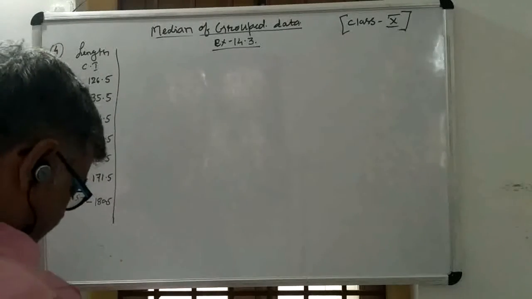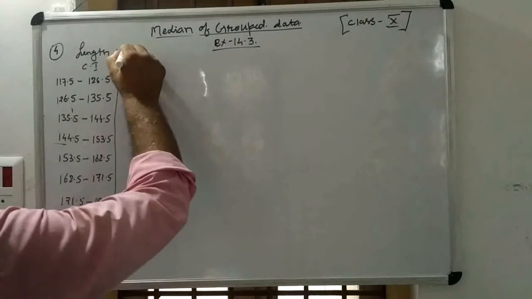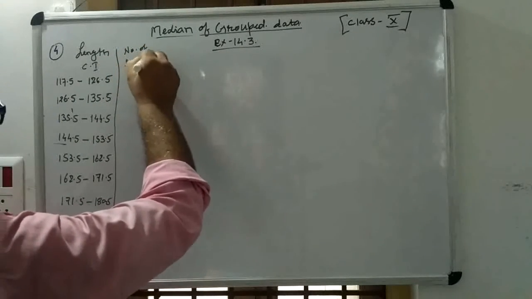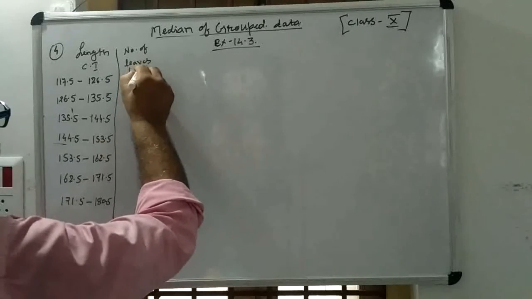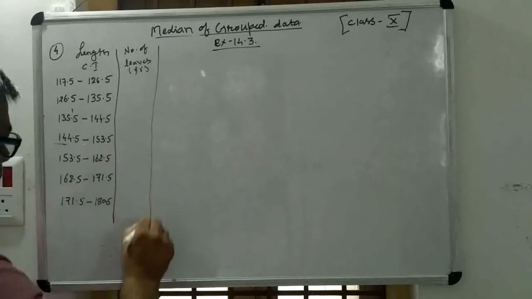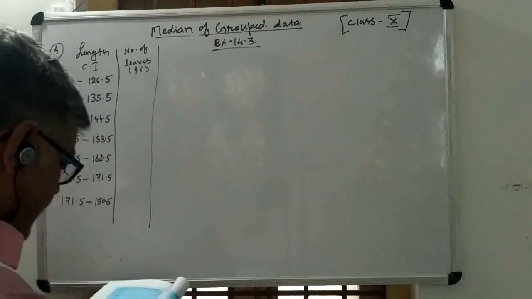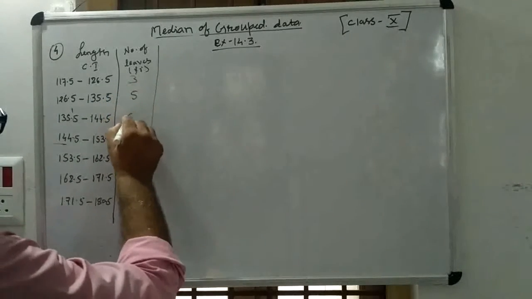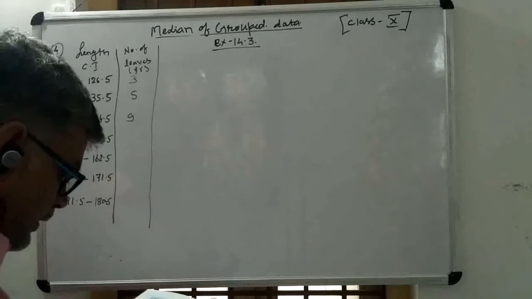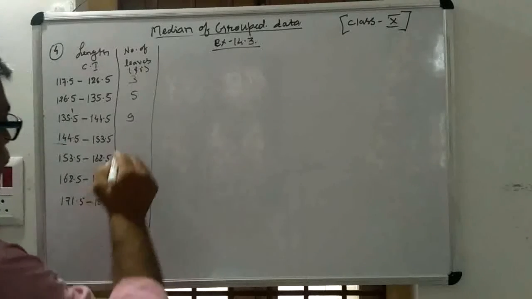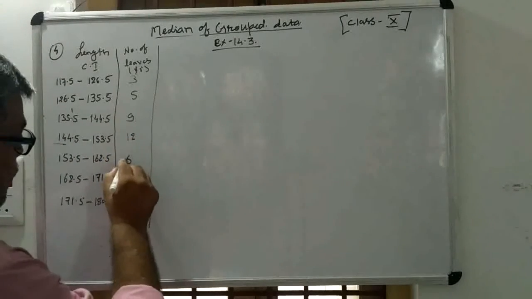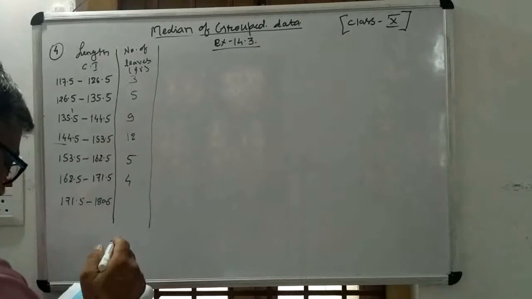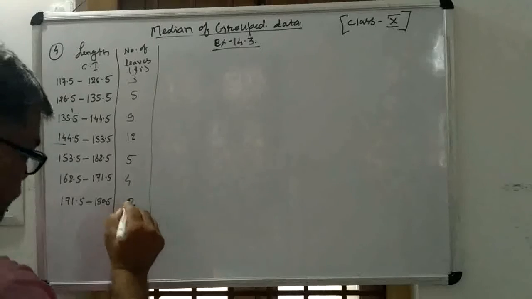The number of leaves, that is fi, is given as: 3, 5, 9, 12, 5, 4 and 2.